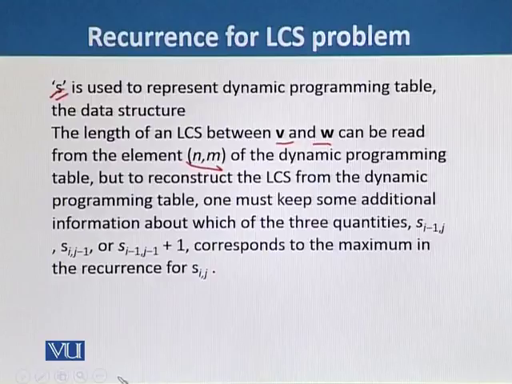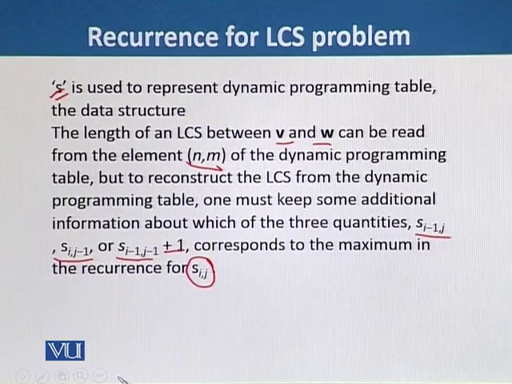But to reconstruct the LCS from the dynamic programming table, we keep some additional information about which of the three quantities, Si minus 1 j, Sij minus 1, or Si minus 1 j minus 1 plus 1, corresponds to the maximum in the recurrence for Sij that we saw in the previous slide.